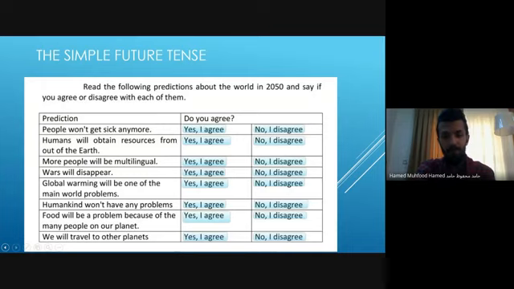Unfortunately, you only agree on those predictions that say that we will have many problems. I don't know why. Maybe since we are living here and we are experiencing all of these problems, that's why we are pessimistic and not optimistic.